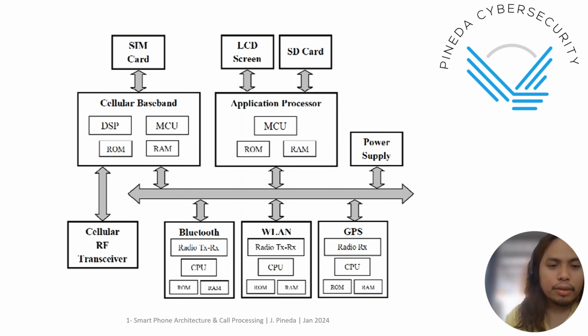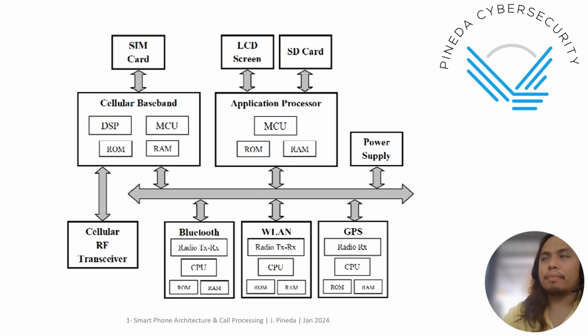And then you have your cellular RF transceiver. Of course, this is for the cellular baseband. And on your right would be the power supply. Okay, connected. So all of these components will require power to work. And then below you can see the other peripherals like the Bluetooth, WLAN, and GPS.